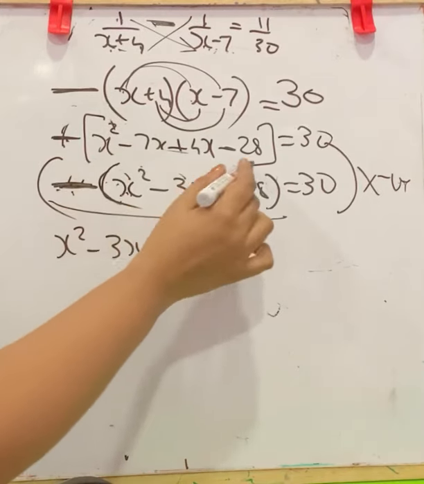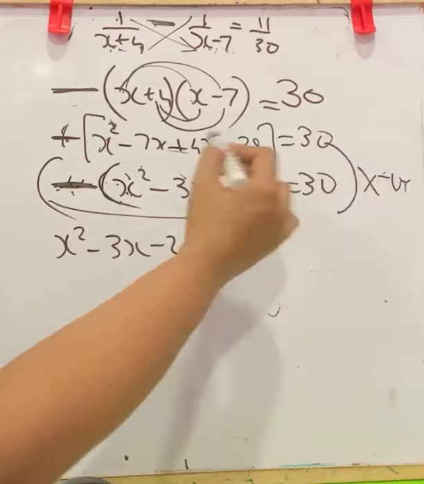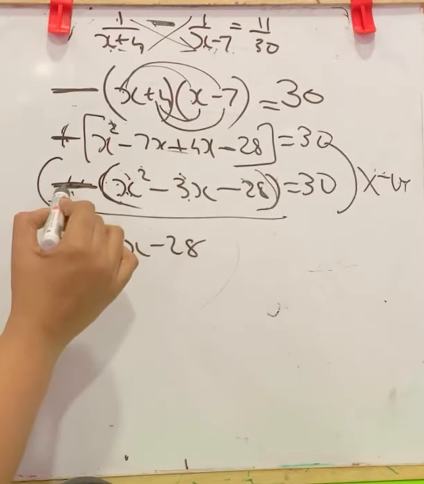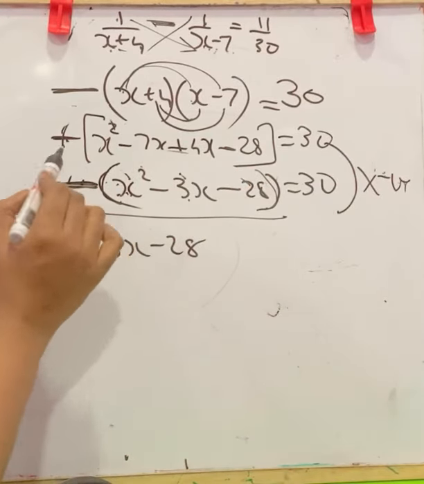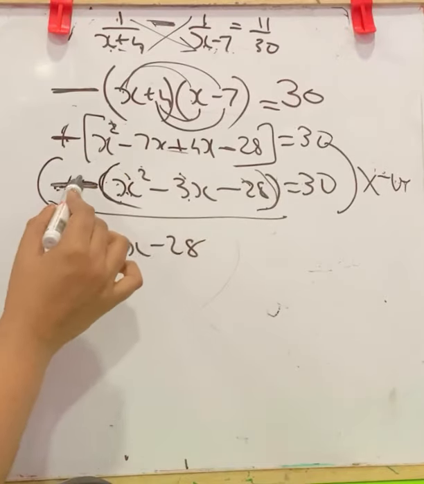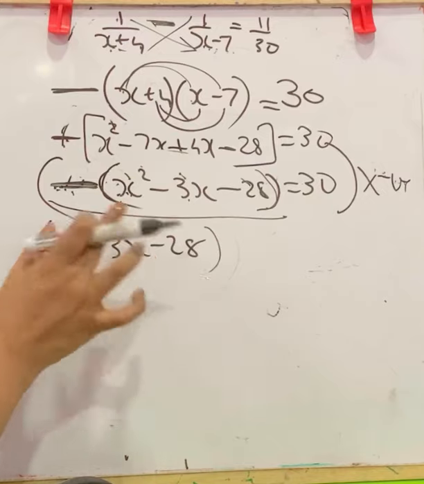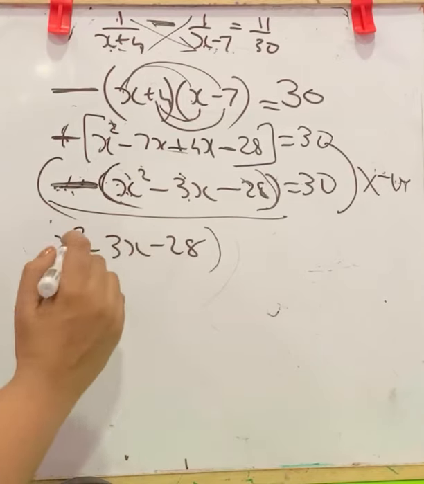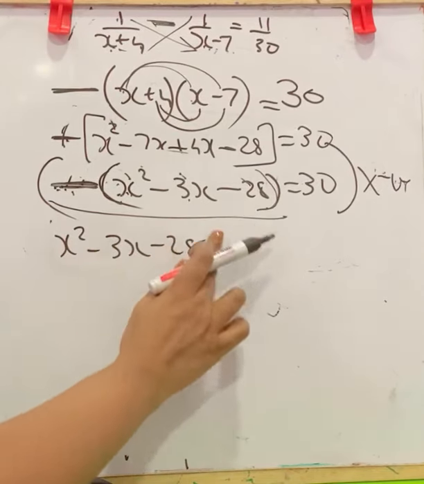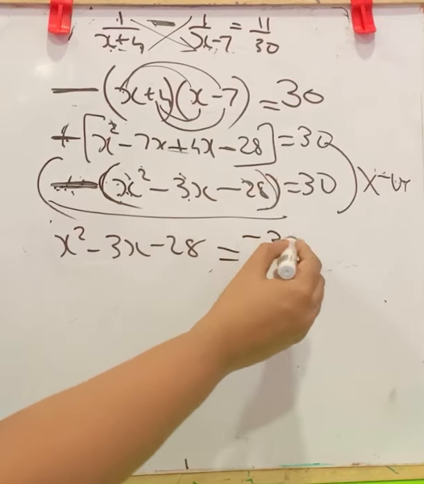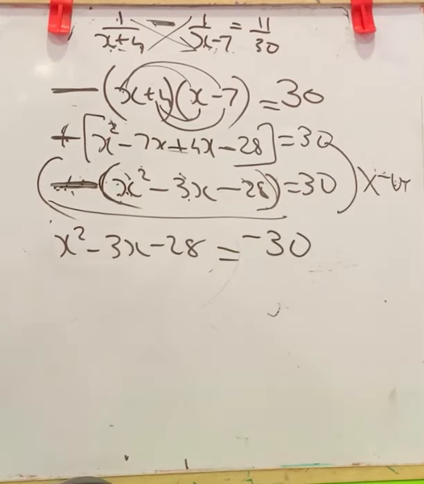As this is inside the bracket, you don't want to multiply each term with negative because this negative is outside. That negative into negative becomes positive outside, and the rest you can copy. So positive x square minus 3x minus 28 equal to minus 30, because negative into 30 is negative 30.